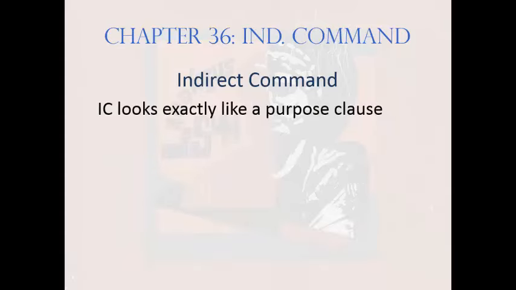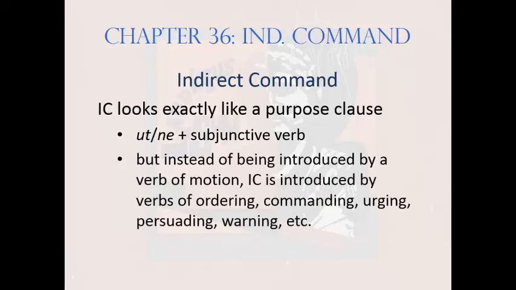As Wheelock points out, indirect command is identical in form to a purpose clause, ut or ne plus a subjunctive verb. But instead of depending on a verb of motion in the main sentence or something that an explanation of intention can be attached to, indirect commands have verbs of ordering, commanding, urging, persuading, warning, and basically anything where someone's telling someone what to do.